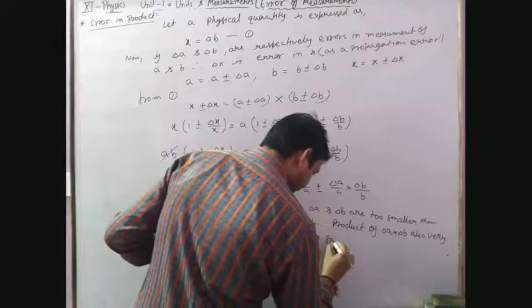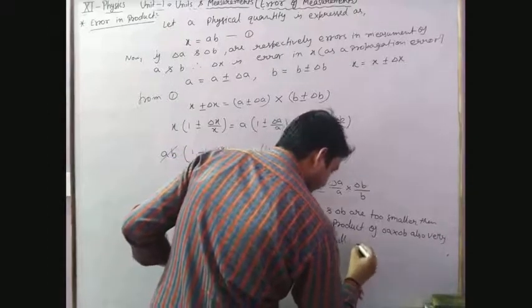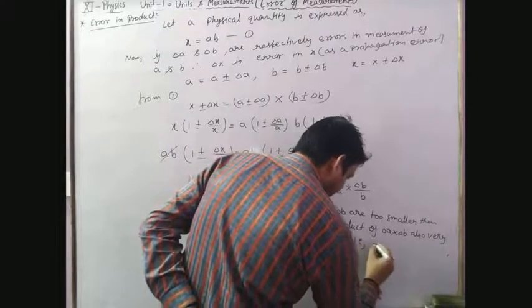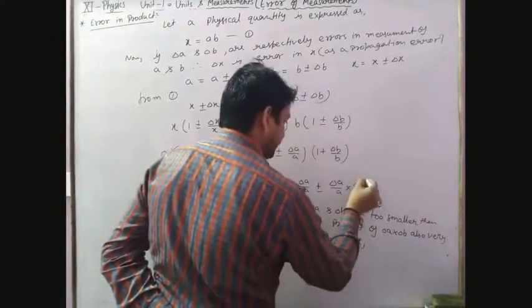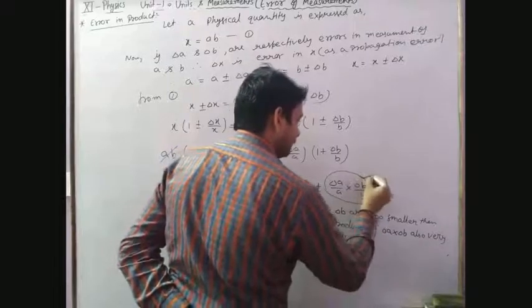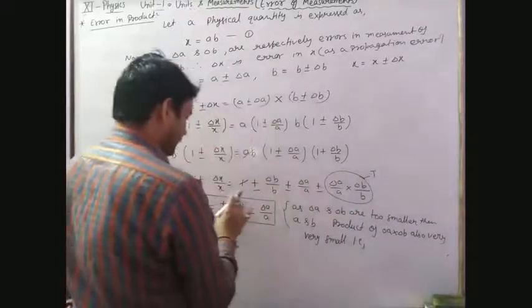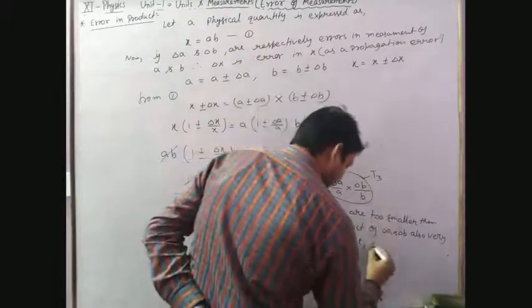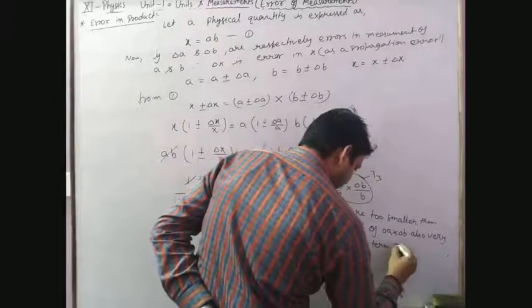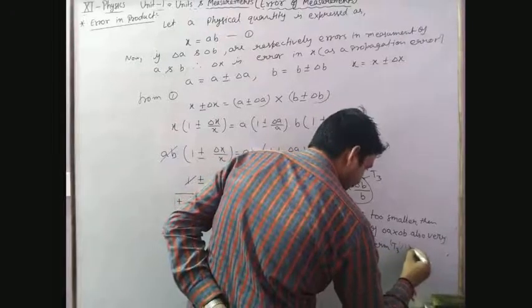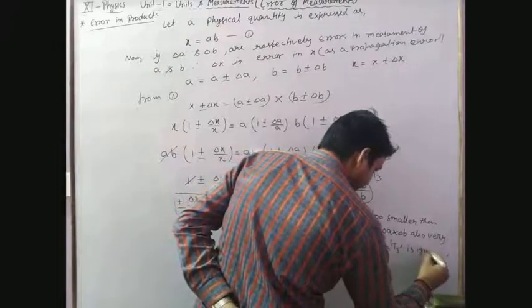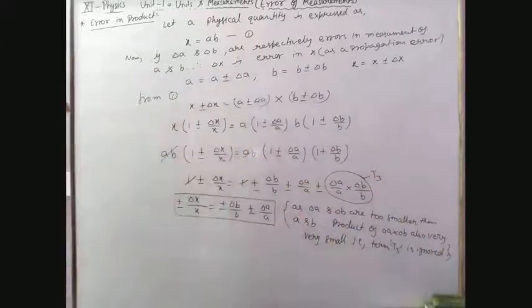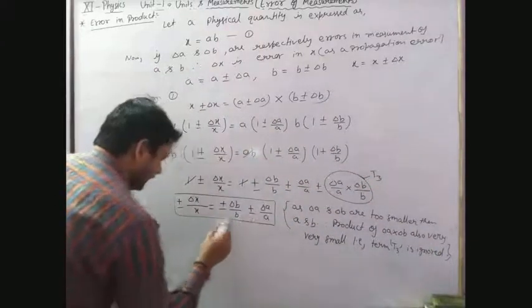Therefore, here I will just write the term as T3; the term T3 is ignored. Okay, therefore we get this relation.